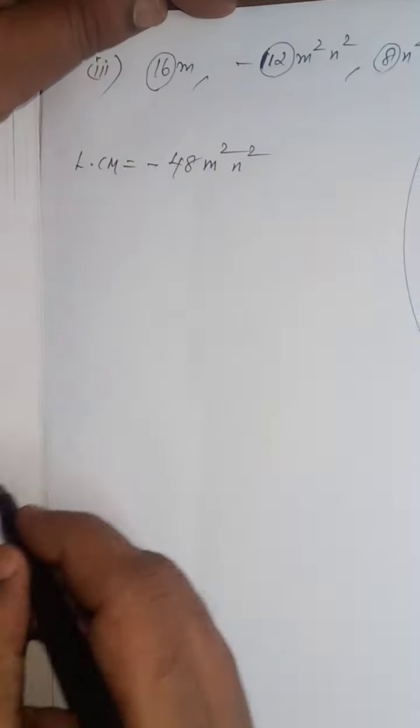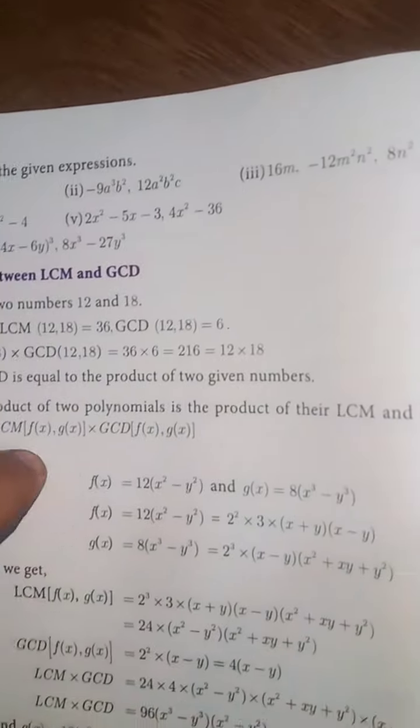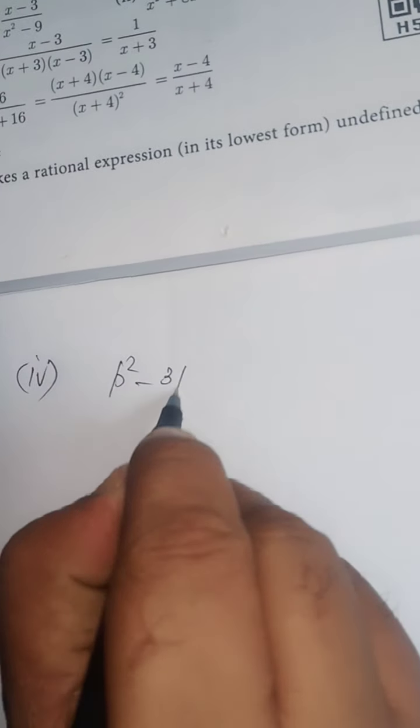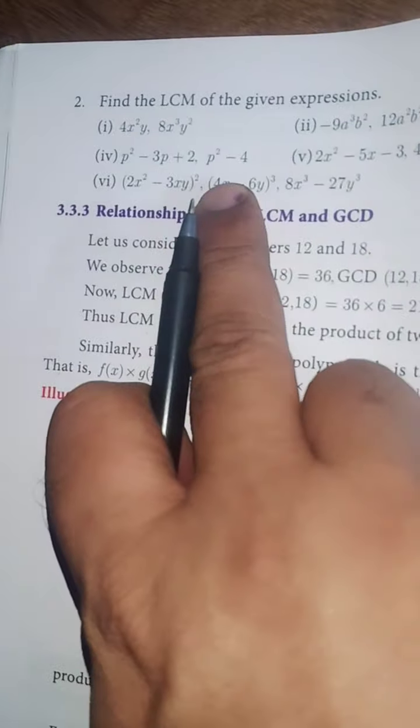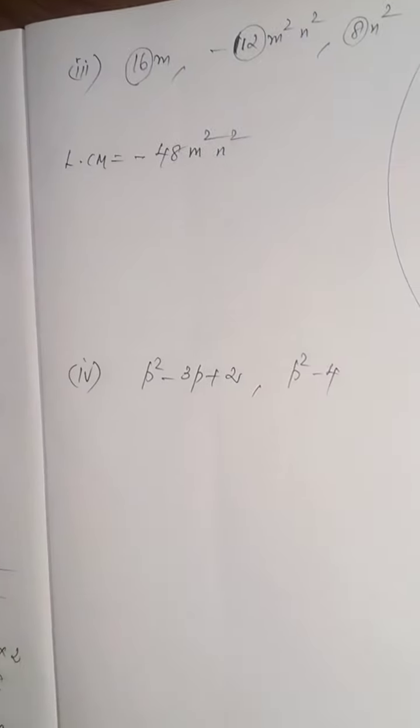Now subdivision number 4. P squared minus 3p plus 2 and p squared minus 4. It's a very important problem.